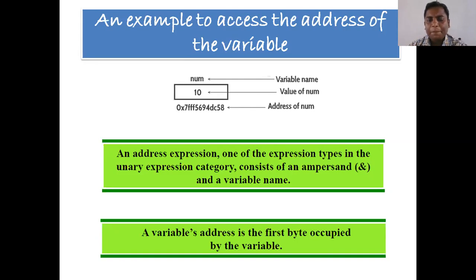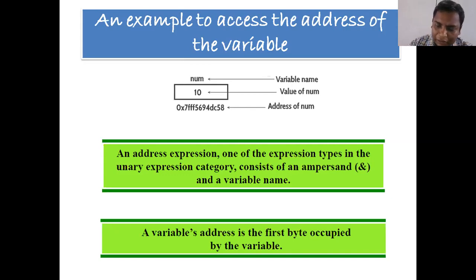And I am going to tell you one most important concept. Suppose your data type size is 4 bytes. The address of that variable will be the first byte occupied by the variable. Let us take an example.